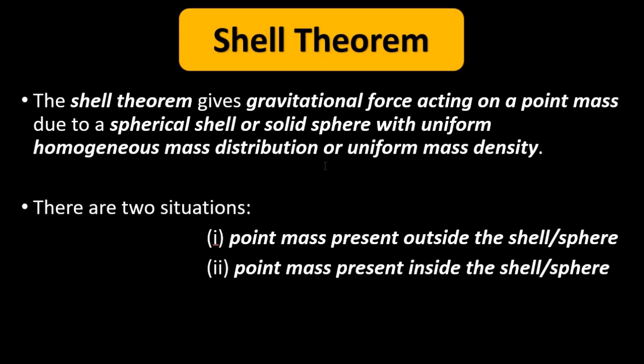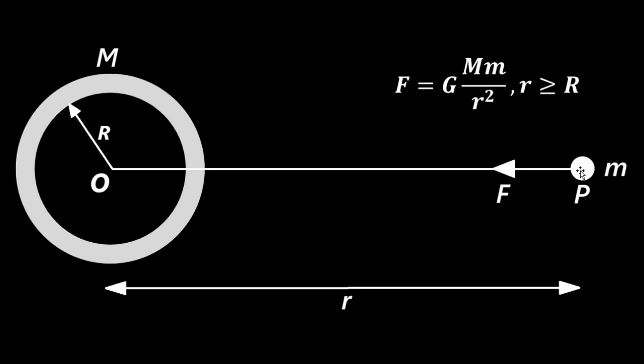Now there are two cases here. In the first, the point mass is present outside the solid sphere or spherical shell, and in the second case, the point mass is present inside the spherical shell or sphere. We'll discuss the first one, where a small point mass of value small m is present outside the spherical shell.